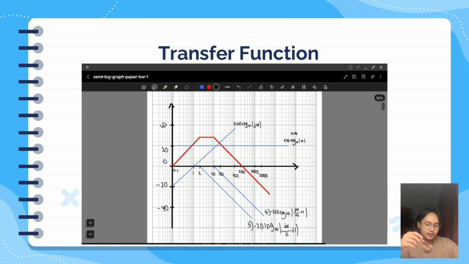The blue line is the line graph as shown in the table notes. So we plot the blue line using the table. First, we sketch the blue line.